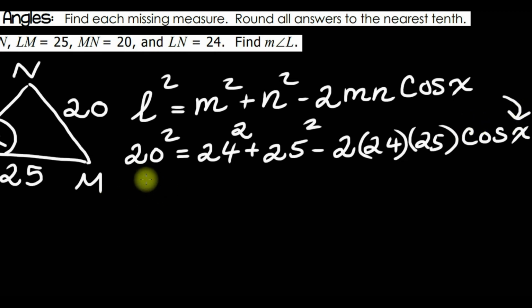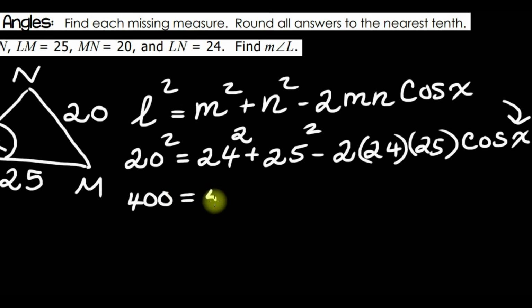So here, 20 squared is going to give us 400. 24 squared is going to be 576. And then 25 squared is 25 times 25, so that is 625. Take away 2 times 24 times 25.